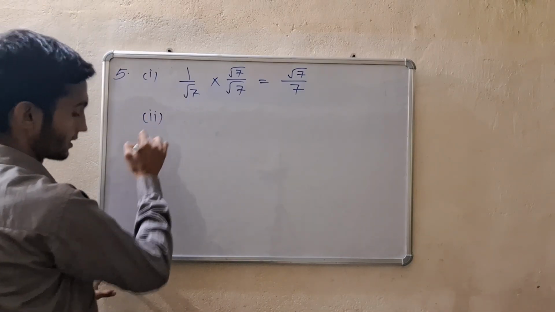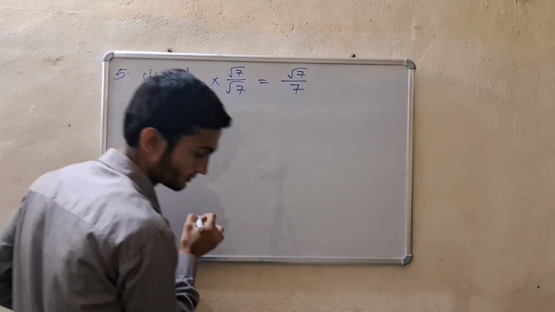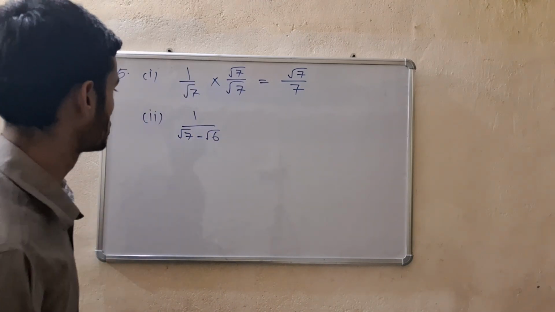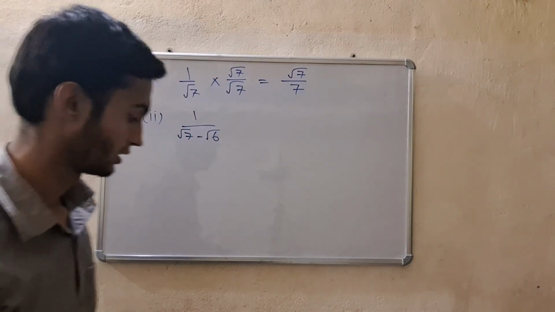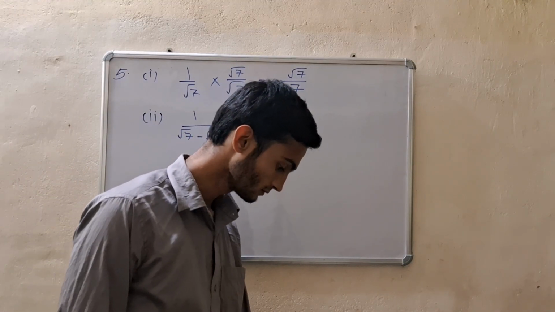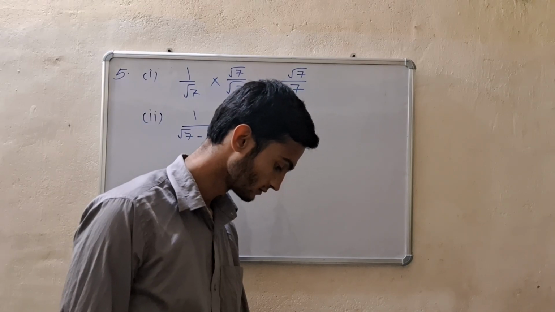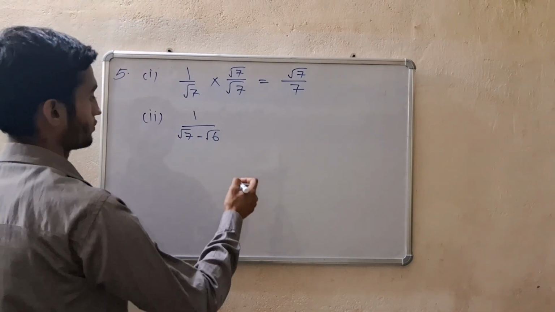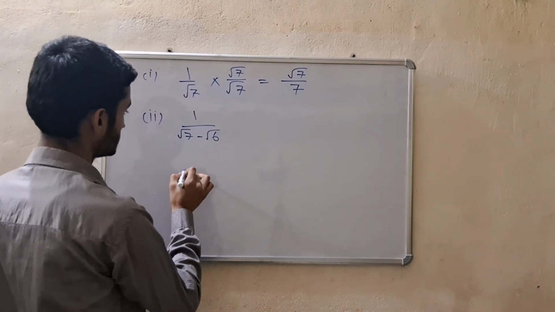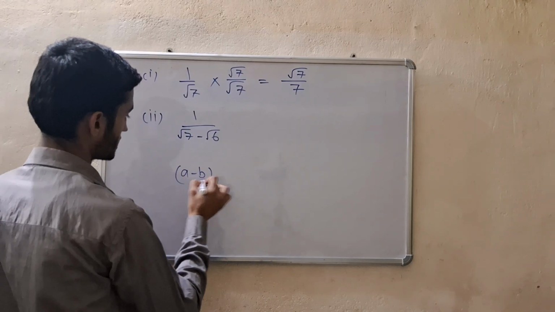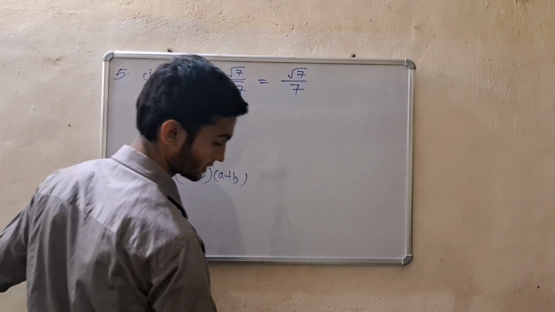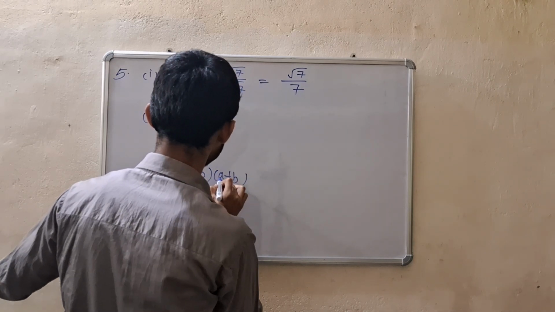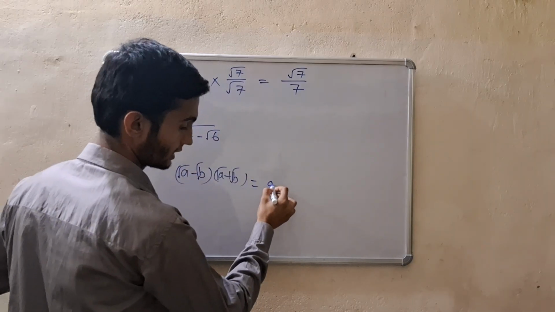Now the second one, 1 upon square root of 7 minus square root of 6. To convert this denominator into a rational number, we will use an identity: a minus b times a plus b, so that we get a squared minus b squared.